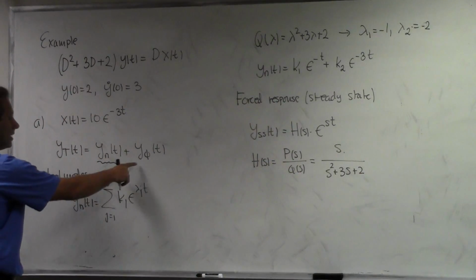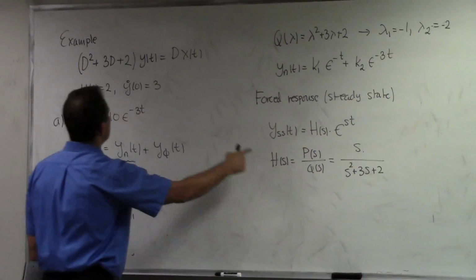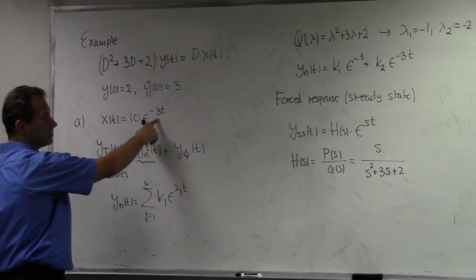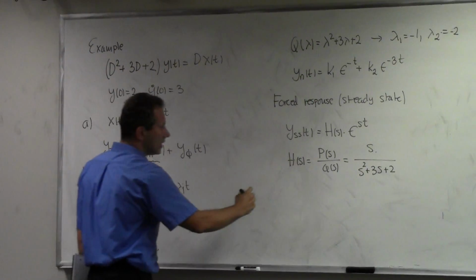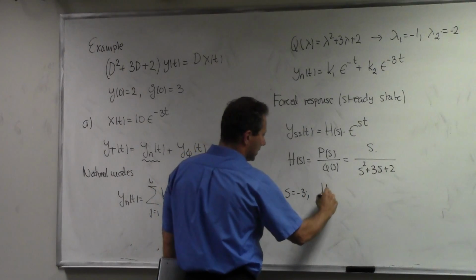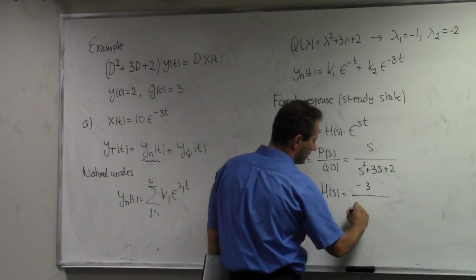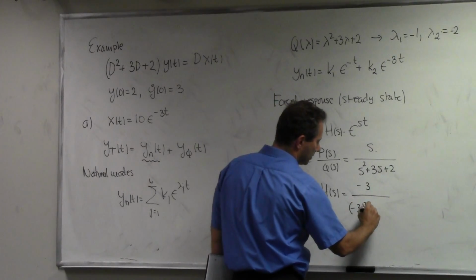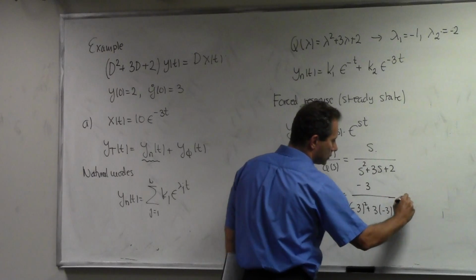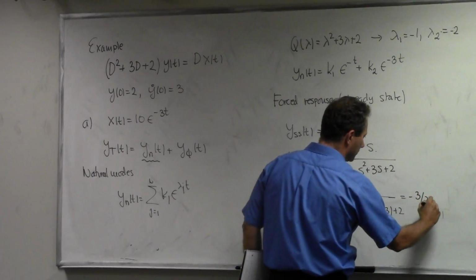To get our y_f of t, I have to evaluate this at the complex frequency of the input. What is the complex frequency of the input? It's minus 3. So in our case here, s is equal to minus 3, and then H of s becomes minus 3 over minus 3 squared plus 3 times minus 3 plus 2, which gives us a value of minus 3 over 2.